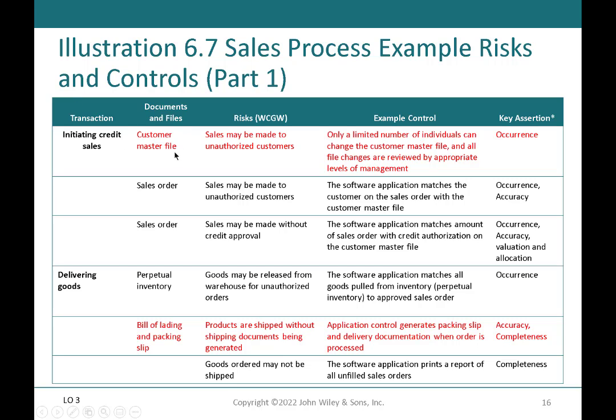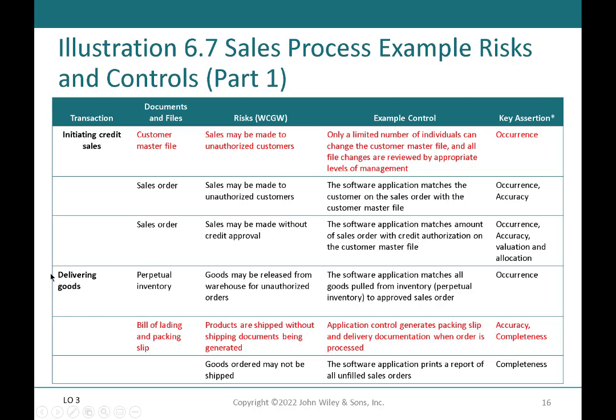So notice that customer master file again. That's going to help us verify that sales are made to authorized customers. There's a risk that we might make a sale to an unauthorized customer, so we want to have a control in place to make sure that only folks that are authorized to buy stuff from us on credit actually are being able to make those purchases.